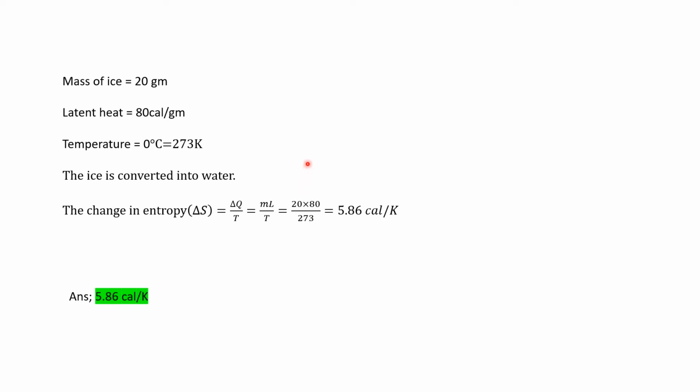Here I am not converting the gram into kg because both the mass of the ice and the latent heat will cancel out each other, I mean the gram unit. So the answer will be 5.86 calorie per Kelvin.